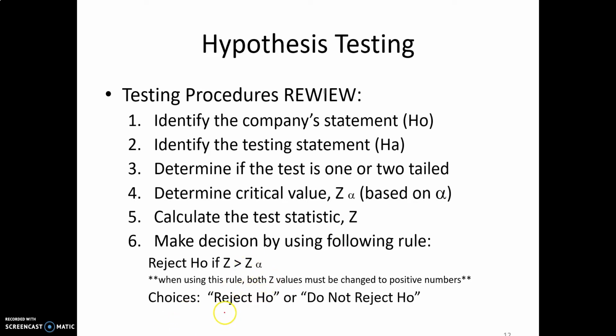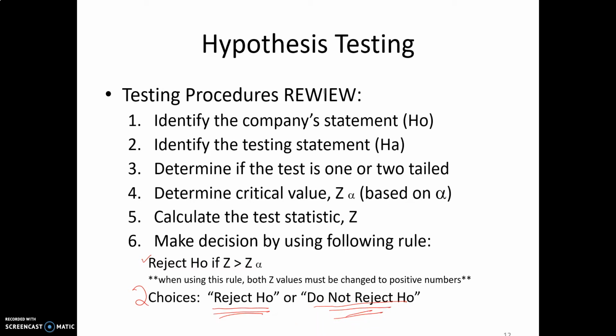I just want to emphasize again that you have two choices. Choice 1, reject the null hypothesis based on this decision rule: reject if the test statistic Z is greater than the critical value. Remember, when using this rule, to change both values to positive, so we only need one decision rule. The opposite choice is to not reject the null hypothesis.